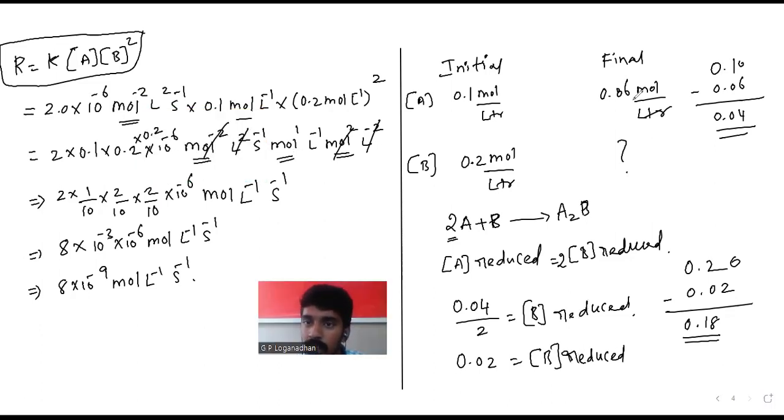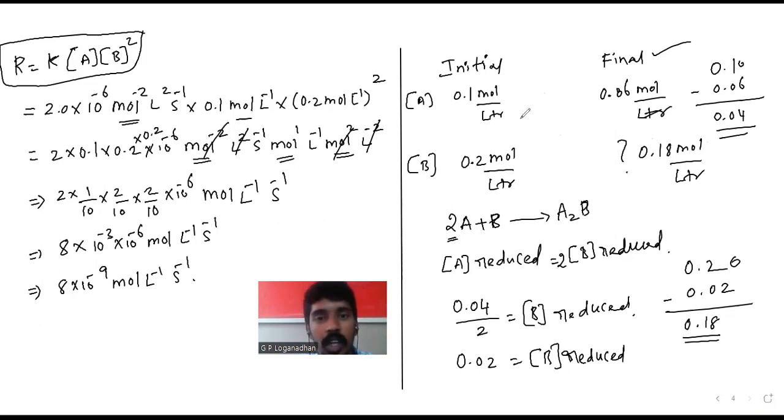Now, at the final stage, when 0.06 mole per liter of A is there, then at the same time 0.18 mole per liter of B will be there, because here 0.04 is reduced, and in this one only 0.02 will be reduced, because 2 moles of A reduced means only 1 mole of B will be reduced.